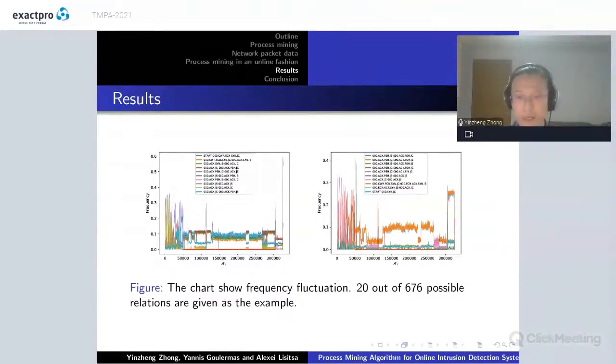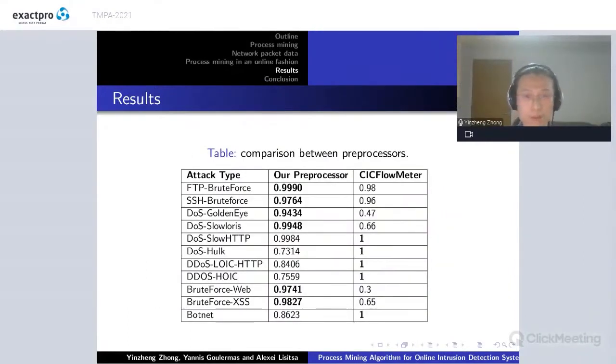After that, we applied a number of different neural networks as classifiers for binary classification. This table is a comparison with another preprocessor called CSV flow meter, which generates data that you can then apply classifiers on.